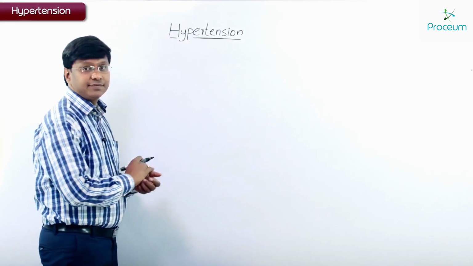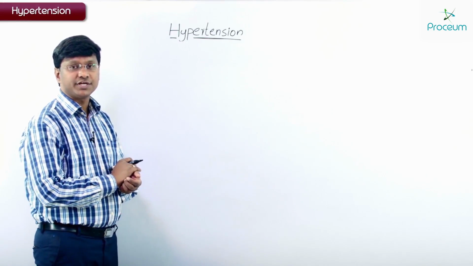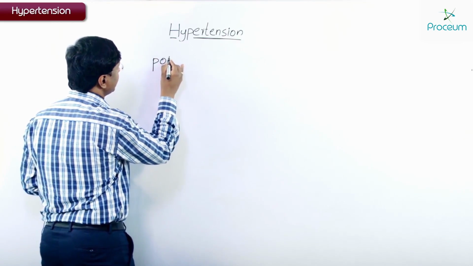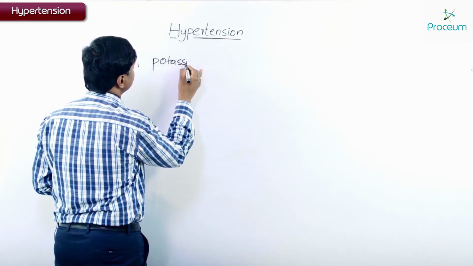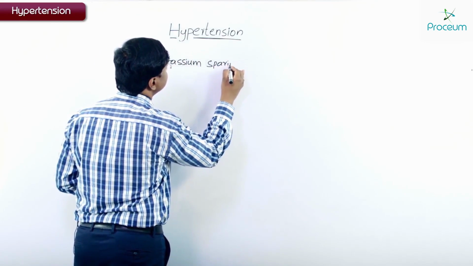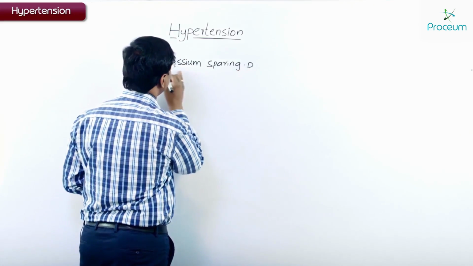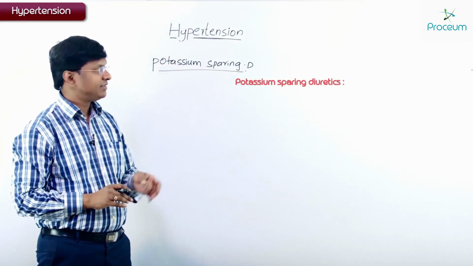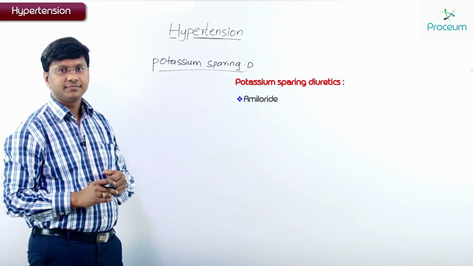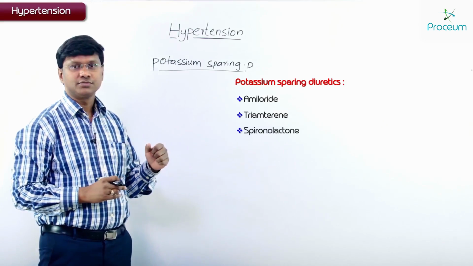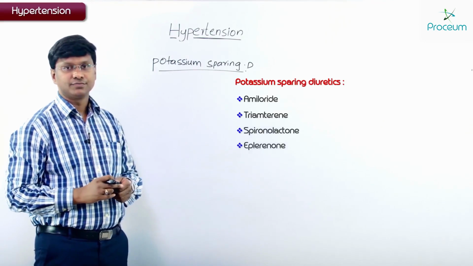So we have another group of diuretics which are used in the treatment of hypertension, that is the potassium-sparing diuretics. If you take these potassium-sparing diuretics, they include amiloride, triamterene, spironolactone, and eplerenone.